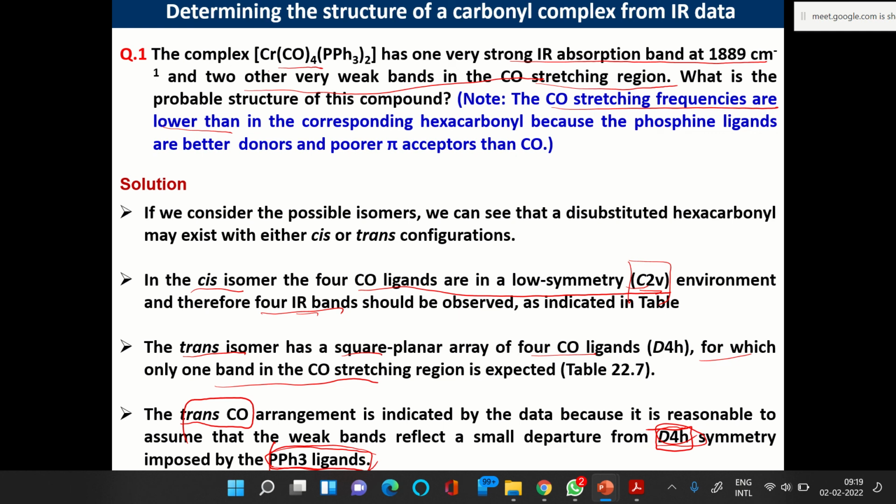There are two such ligands, so they will slightly distort the structure, and the symmetry will be slightly away from D4h. If we simply consider the ligands as points, we find that D4h symmetry was there in a trans structure. But considering the nature of bulky ligands like PPh3, there will be a small departure, and because of that some new weak bands may appear. That is the reason.